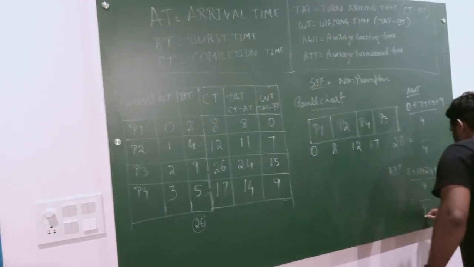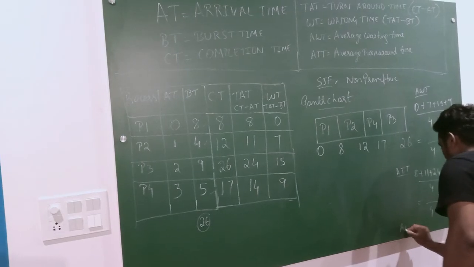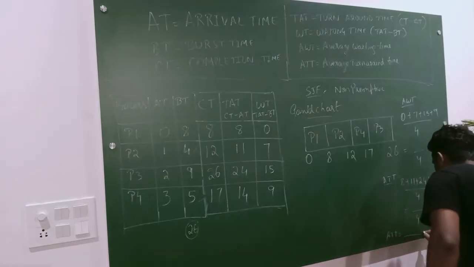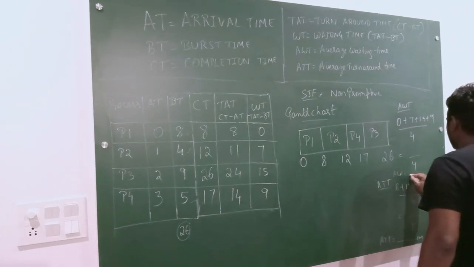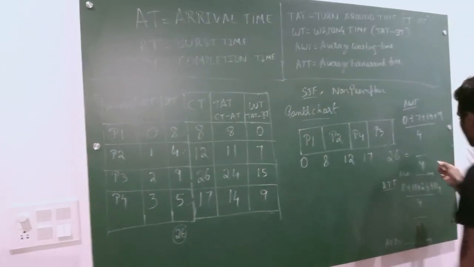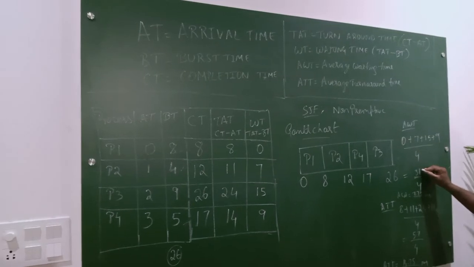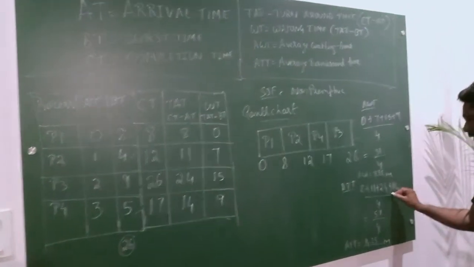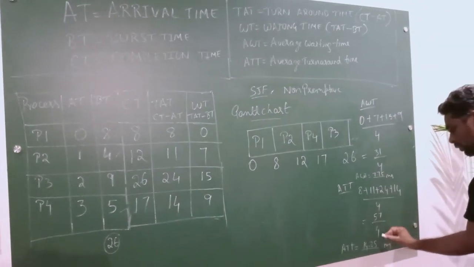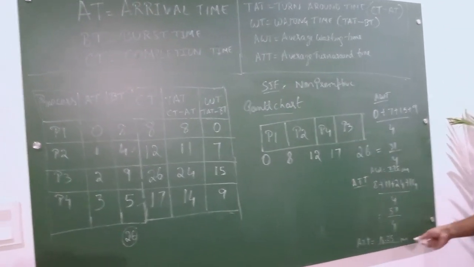Let me calculate. If I add, I get 31, and 31 divided by 4 is 7.75 milliseconds average waiting time. For turnaround time, I get 57, and 57 divided by 4 is 14.25 milliseconds.